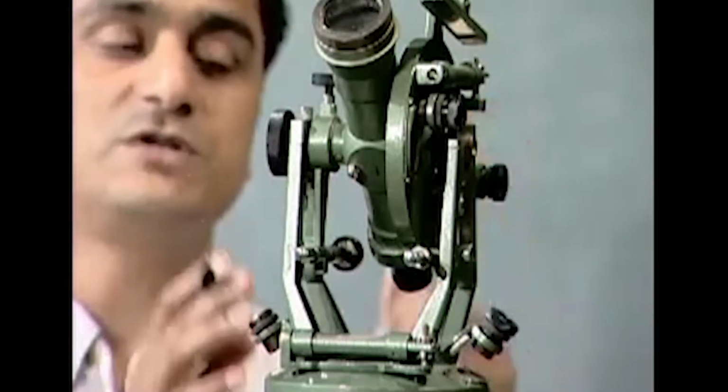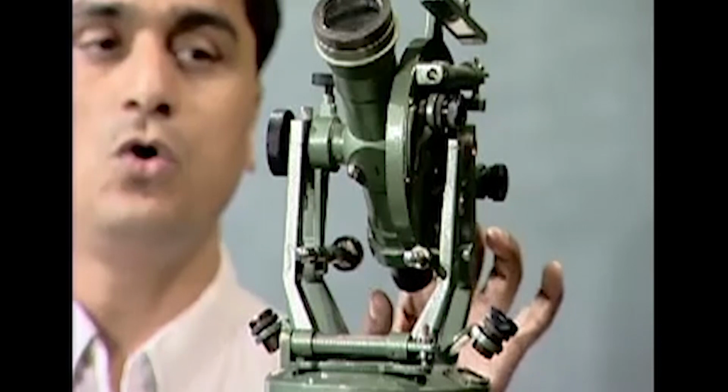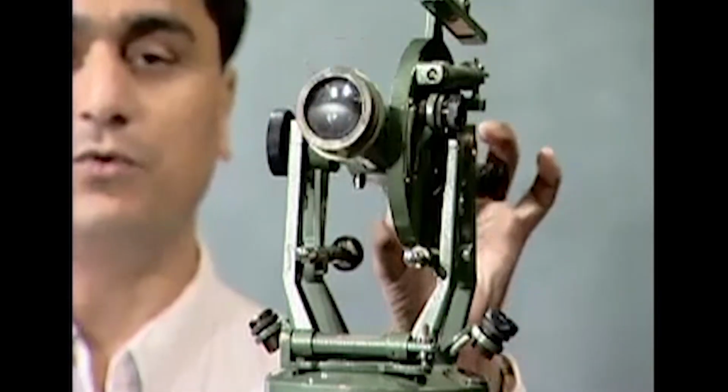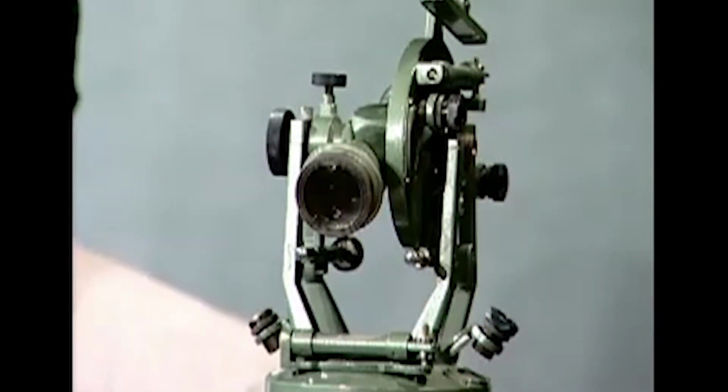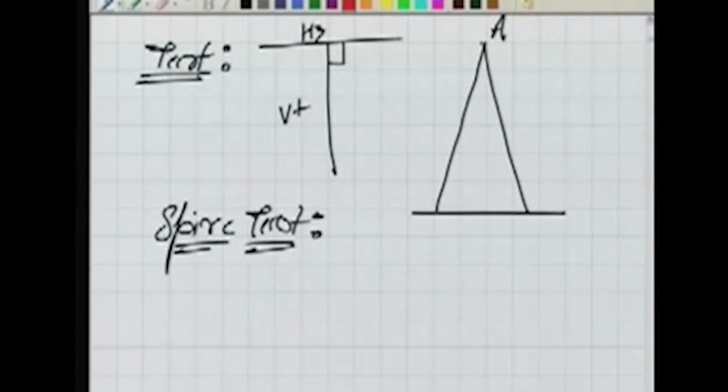Well, once this object is bisected, we bring it down. If it could come vertically down, the line of sight would come to the bottom here. But that is not the case, because in this case the plane which the line of sight is marking is inclined. So what will happen when I bring it down, and here where my tripod is, we can keep something there so that we can make marks on that.